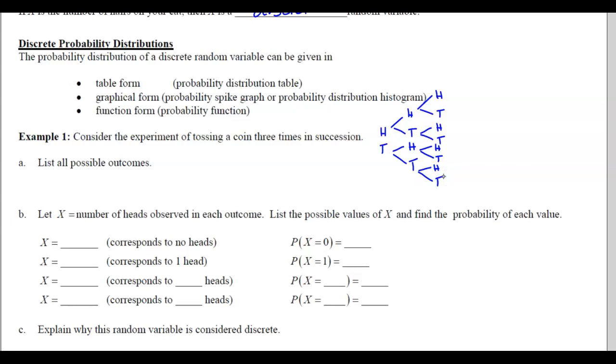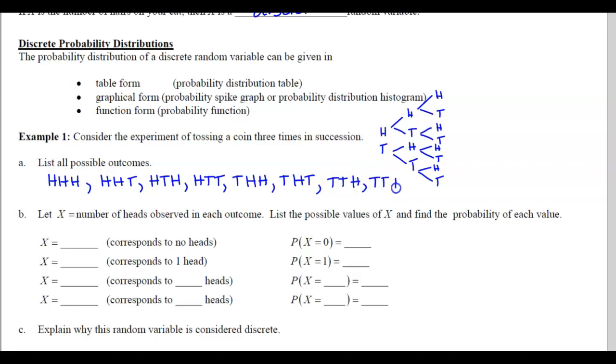So the possibles are 3 heads, 2 heads and a tail, heads, tail, heads, heads, tail, tail, tail, heads. I just wrote them out from my tree diagram.